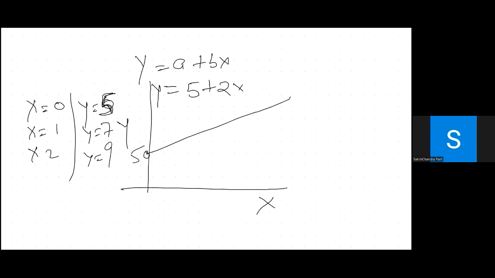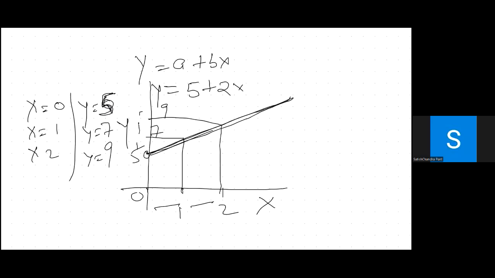So this is 5 when x is 0, this is 7 when x is 1, and this is 9 when x is 2. As and when you change the units, you also get a change in the value of y, and you will get one straight trend line.